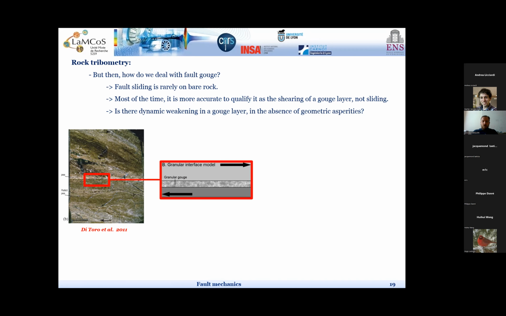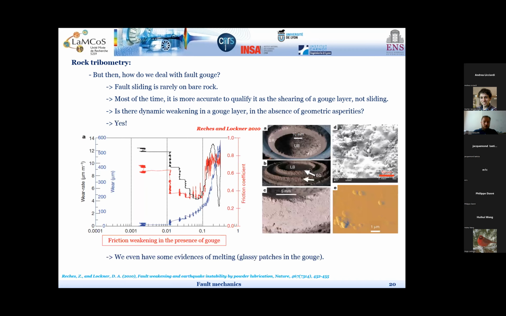So is there a dynamic weakening in a gouge layer? Since in this case, geometric asperities get much less relevant in the representation of the fault. And the answer is yes. It's been shown in several experiments.